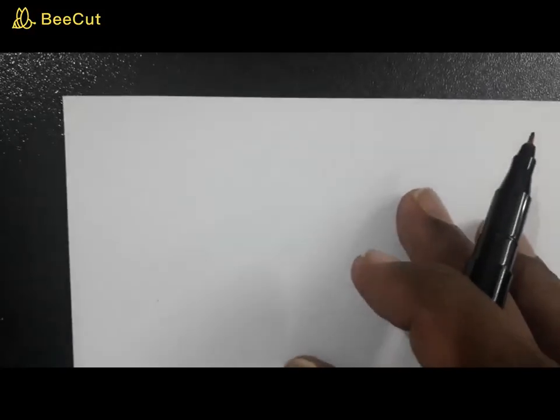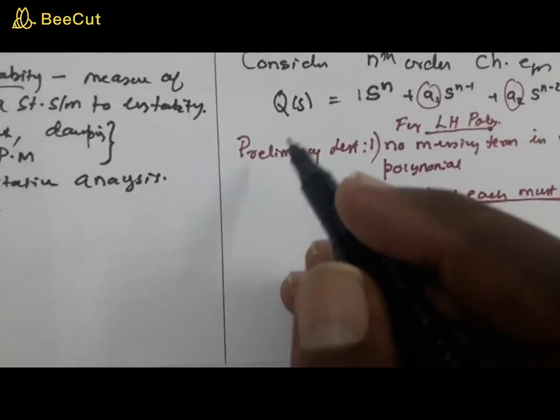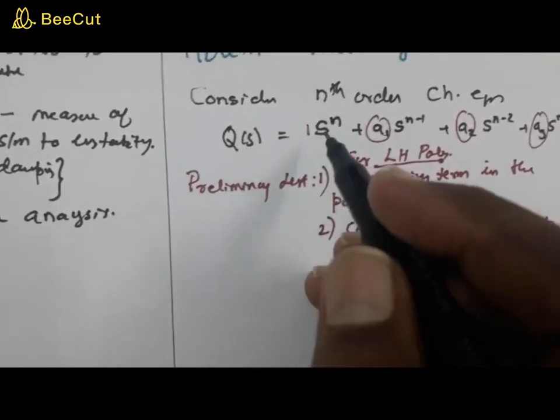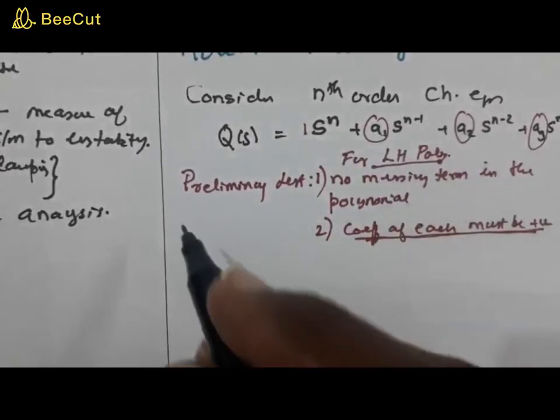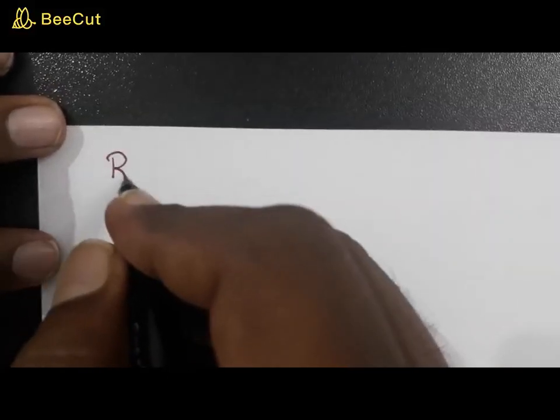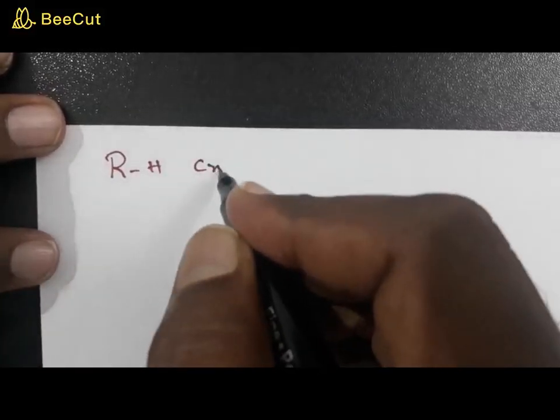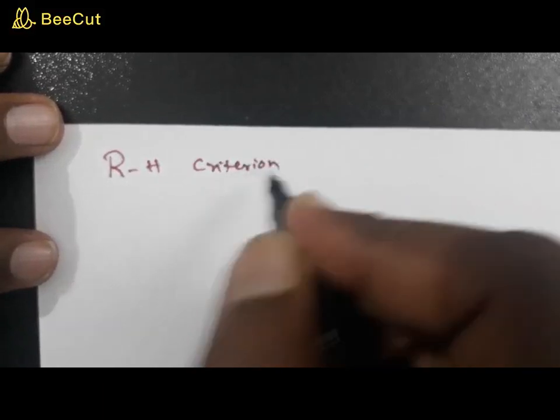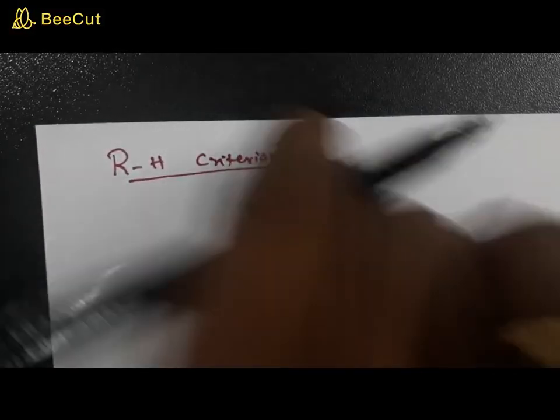Now, after having this preliminary test on the given polynomial or the characteristic equation, you can proceed to Routh-Hurwitz, or in short I will call it the RH criterion. Now let me explain what this RH criterion is.